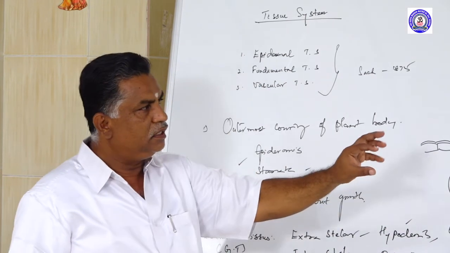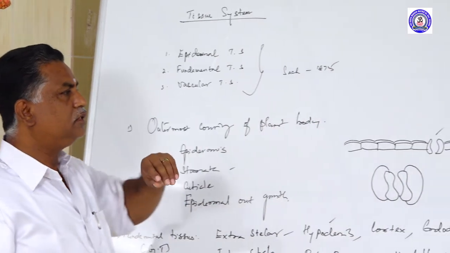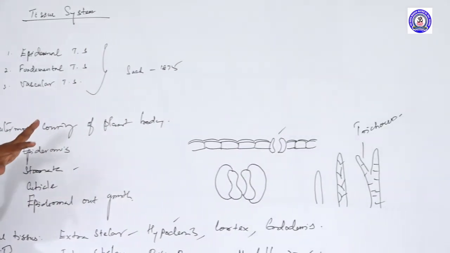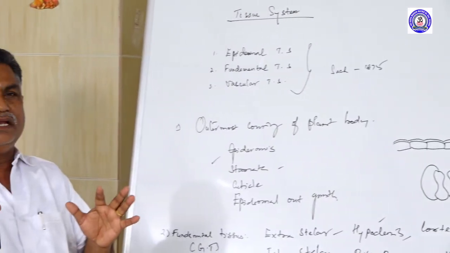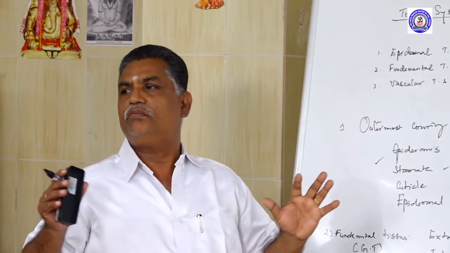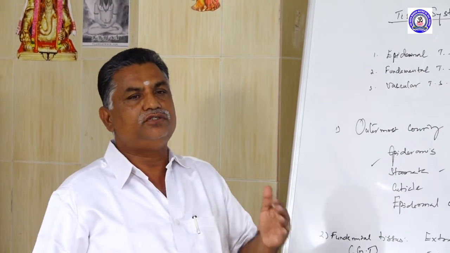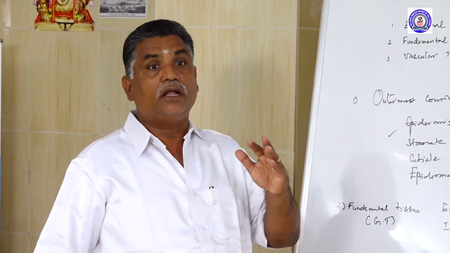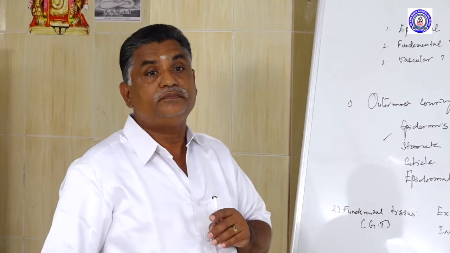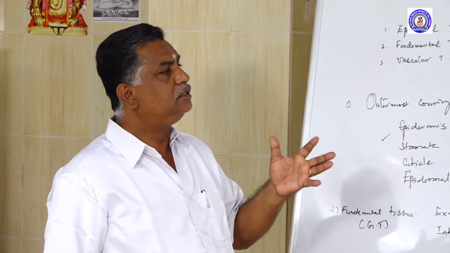We have seen a little in detail about the vascular tissue system, and these tissue systems are found in different patterns in different parts of the plant body. The arrangement varies in different plants and different parts of the plant body.